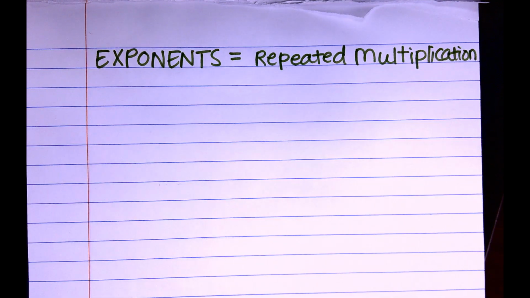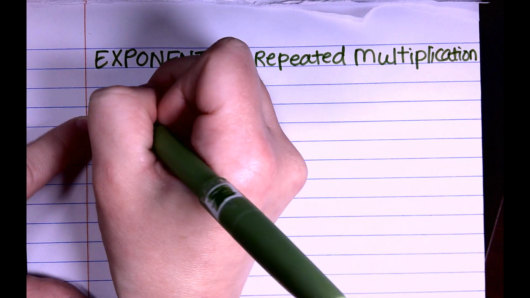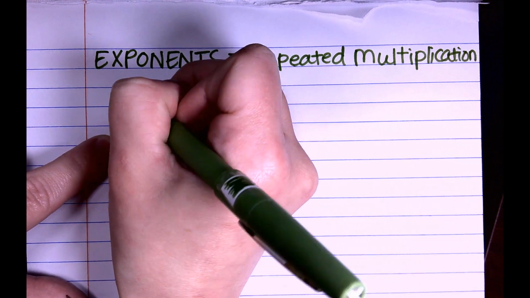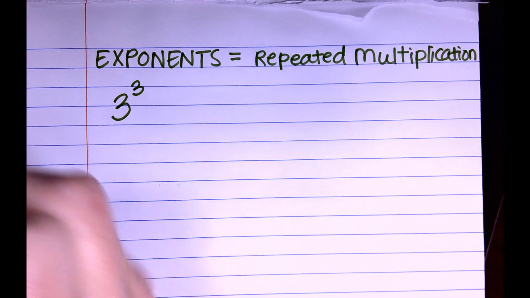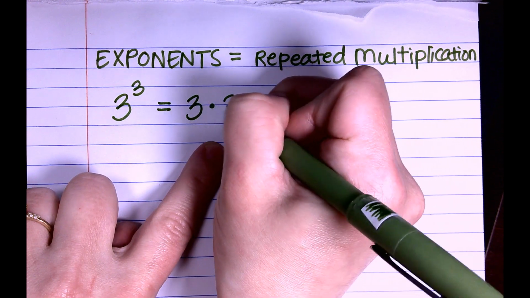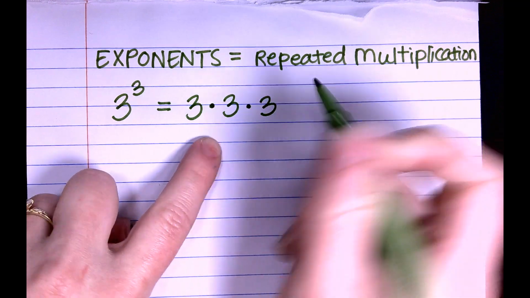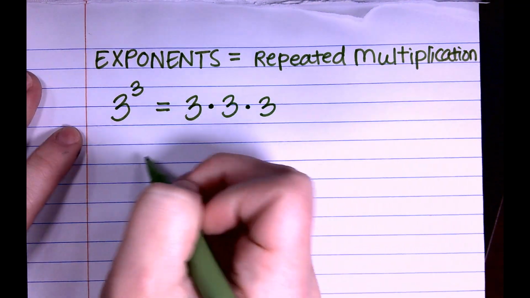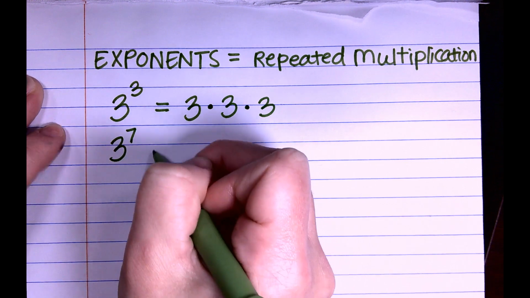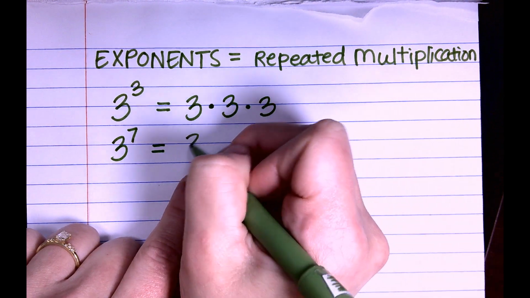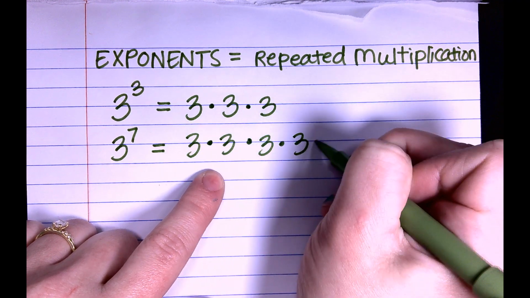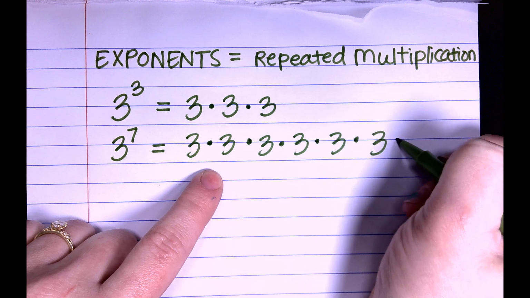So what that means, if I have, for example, 3 to the 3rd power, no variables here. This means 3 times 3 times 3. If I had 3 to the 7th power, for example, I'm doing that 7 times. 1, 2, 3, 4, 5, 6, 7.